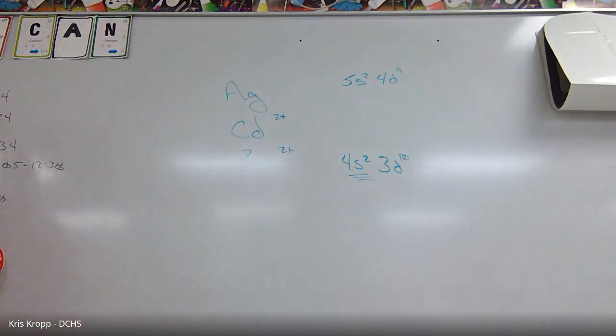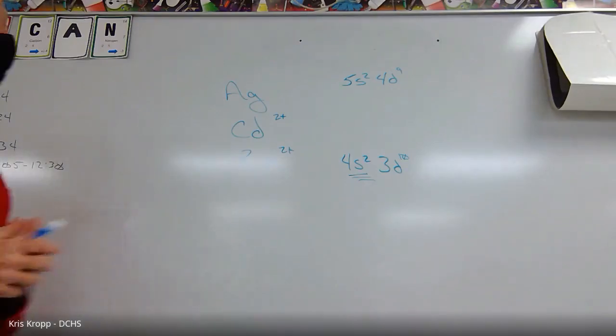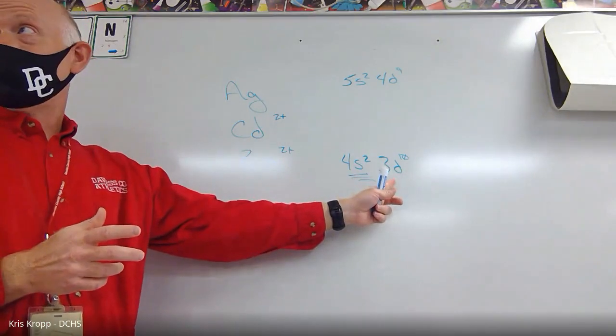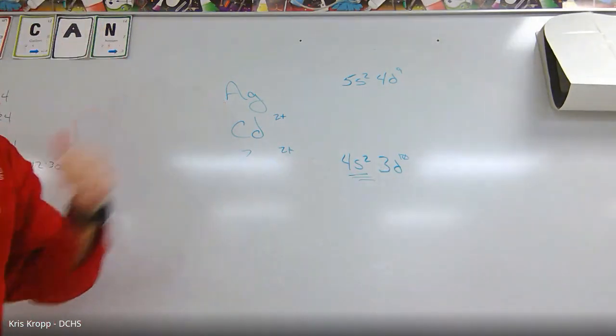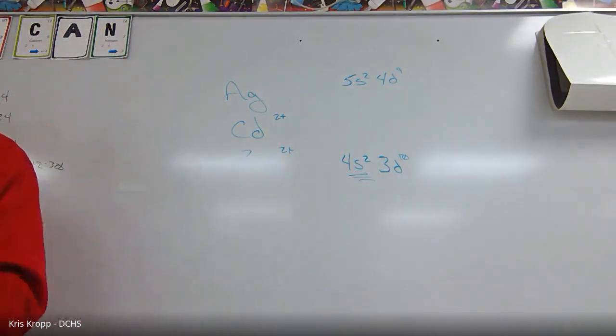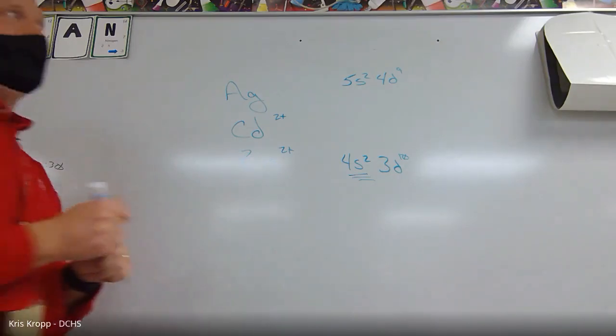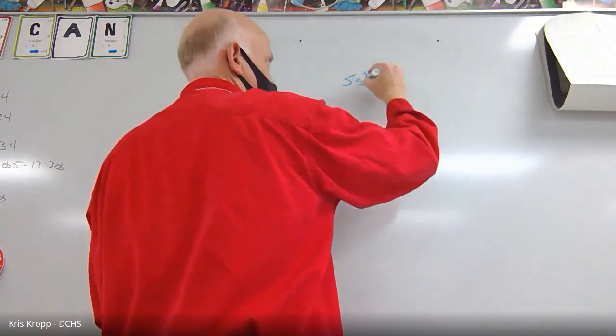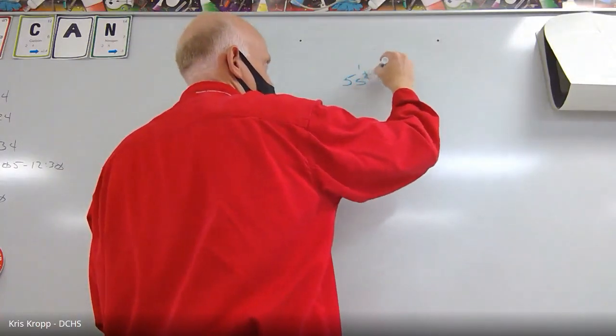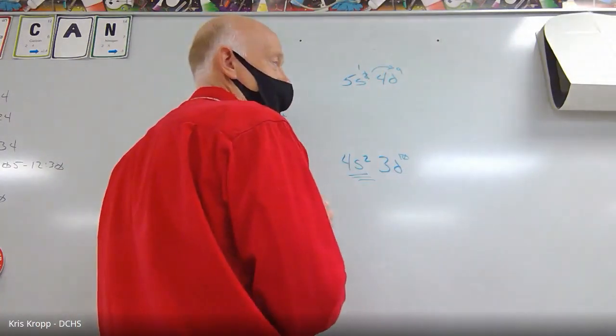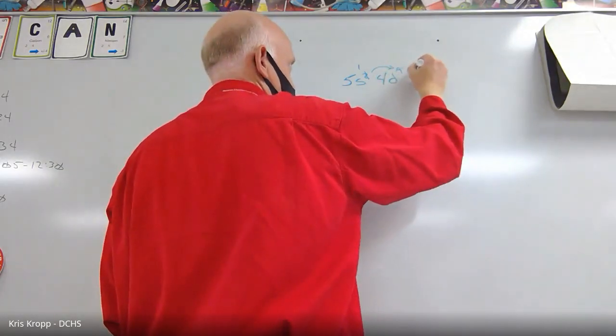How many electrons does the d sublevel need to be full? 10. Just like this, right? So when silver reacts with other elements, it always does this. It will always take one of its electrons and put it into the d sublevel, filling that up.